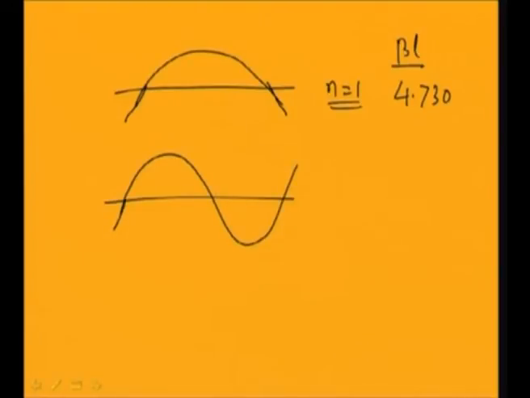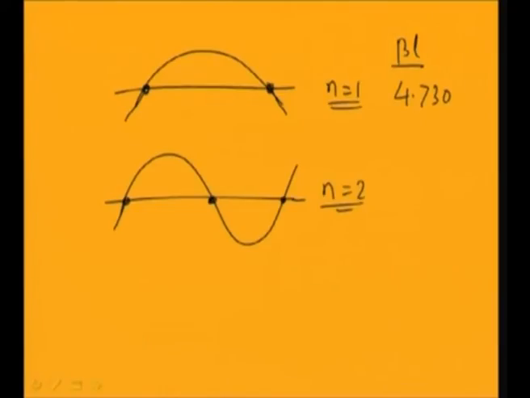So you can see that there is one node. In the first mode you have two nodes, so at these 2 points on the beam there is no vibration. For the second mode there are 3 points at which there is no vibration.